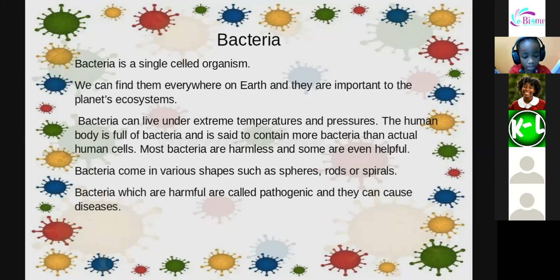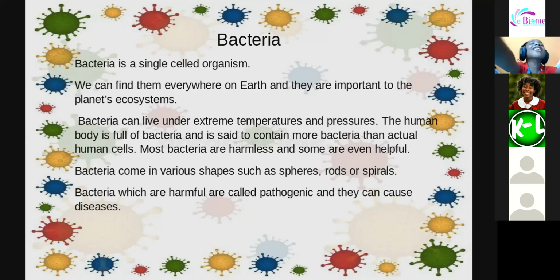So bacteria can come in 3 types of shapes. We have spheres. Anyone know what a sphere looks like? We say that the earth is a sphere. Anyone learn about the earth in class and they said that the earth is a sphere? Yes, sir. And we can have rods or spirals.